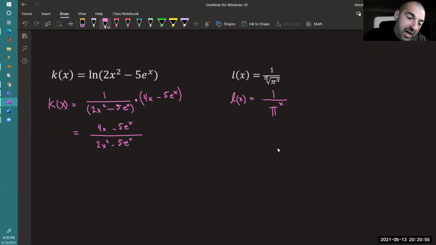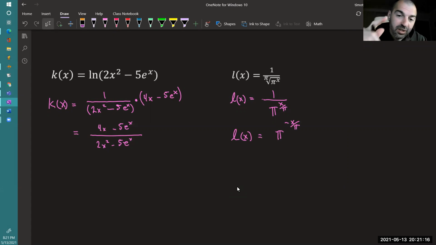But remember, pi root would be over pi. Okay. And then not only that, I'm actually going to bring this out of the denominator into the numerator. So I'm going to rewrite it again as pi to the negative x over pi.